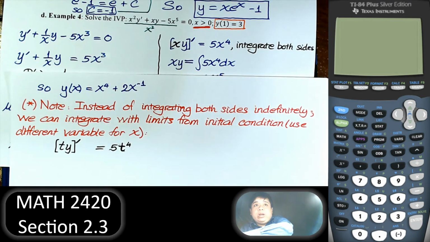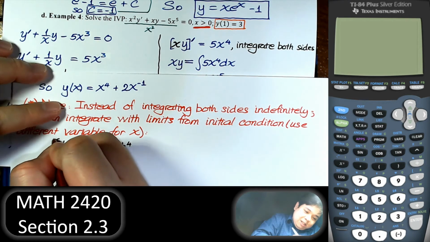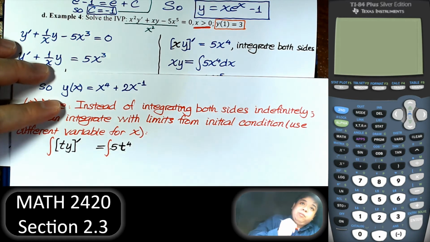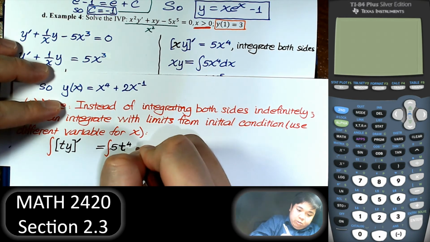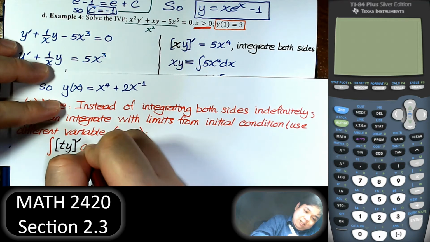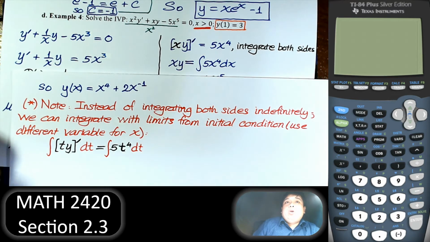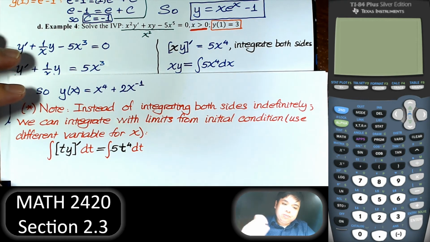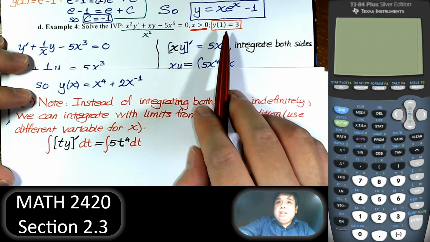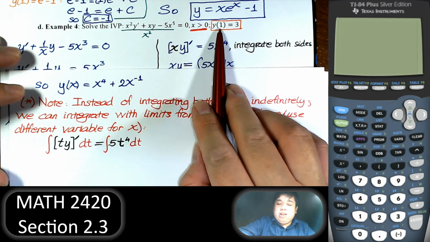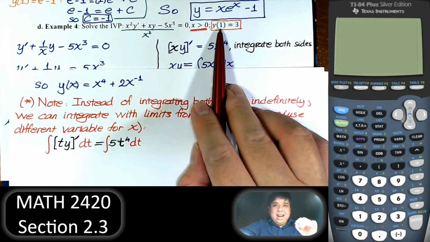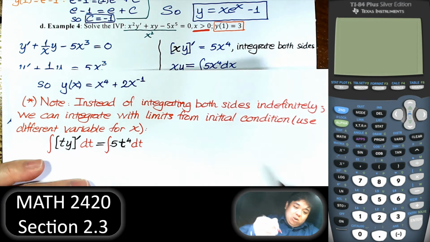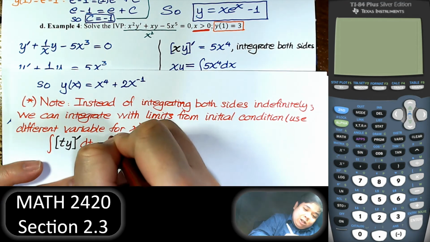So what we do is we integrate both sides with respect to the variable, of course, which is dt. Now, what do we put on the limit? Initial condition. The initial condition was y of 1 equal to 3, so the variable is equal to 1. And that's the reason we call that initial condition, right? Initial is where it starts. So we go from 1 to x.